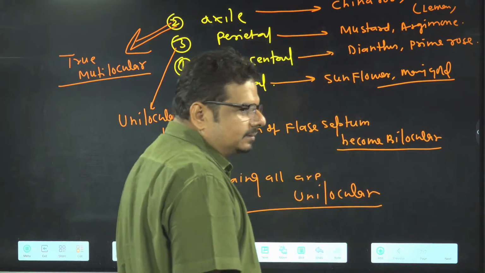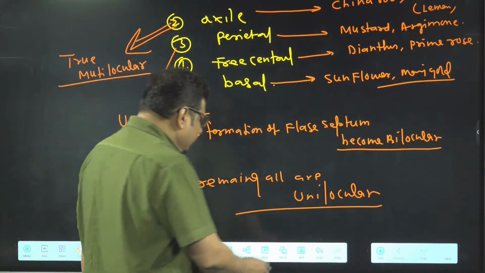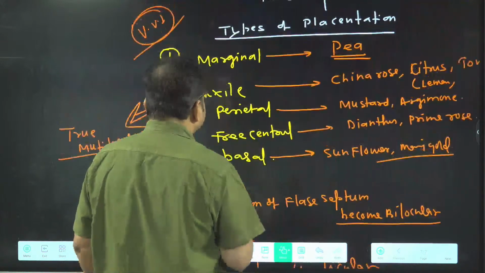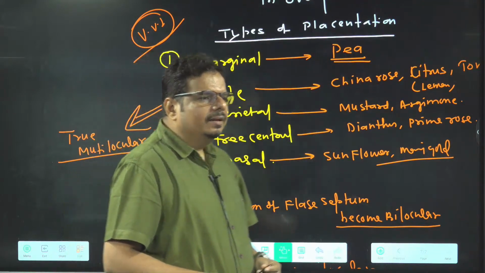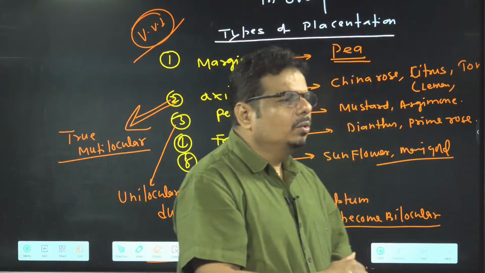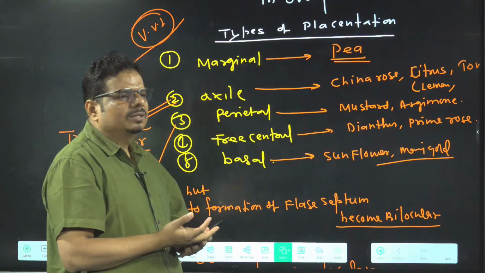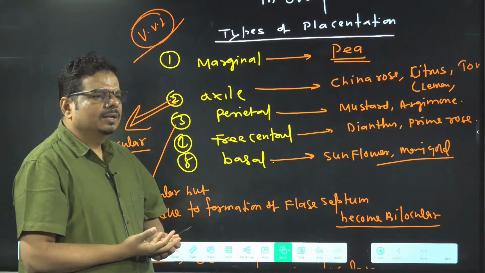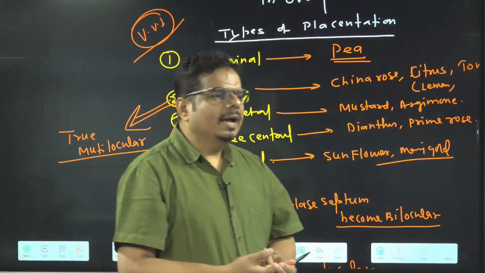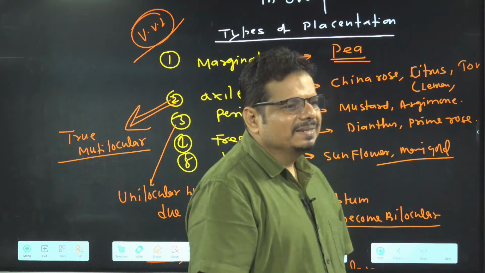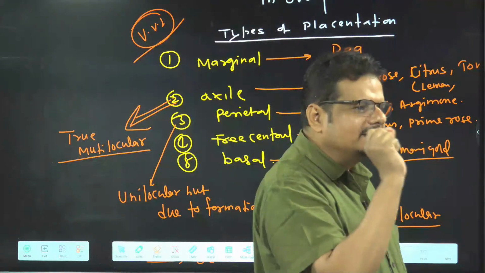Right. Now I am moving ahead. Even you just use your common sense, you will find that in marginal, axile, parietal and free central, the first four I wrote, have many ovules. Marginal has more than one ovule, axile has more than one ovule, parietal has more than one ovule, free central has more than one ovule. Who has only one ovule? Basal placentation. Single ovule in the ovary is present in which placentation?